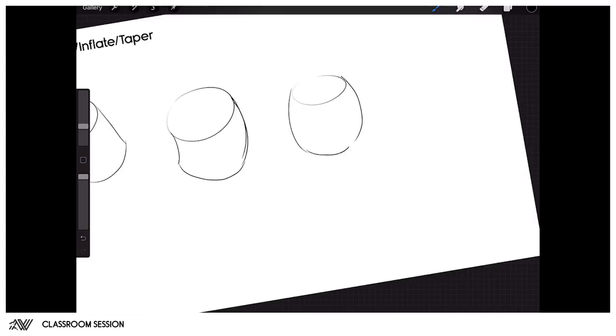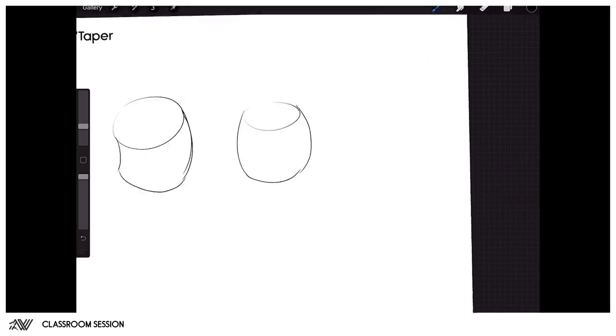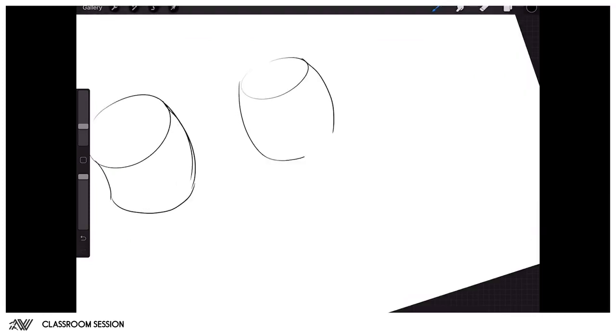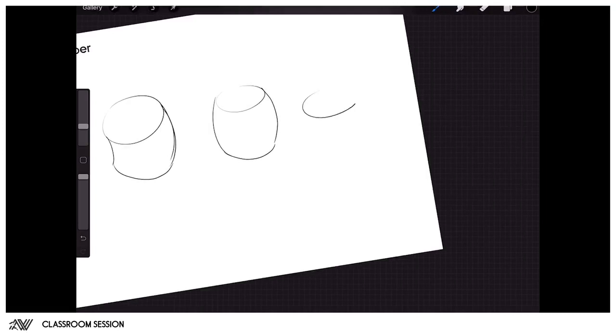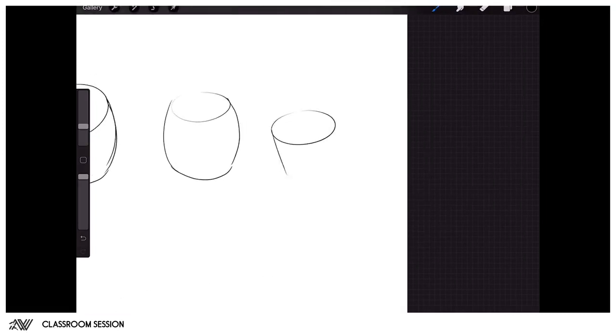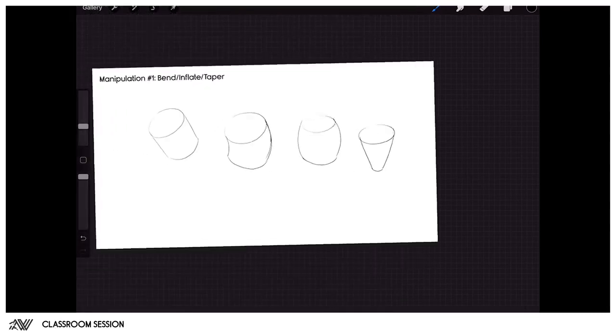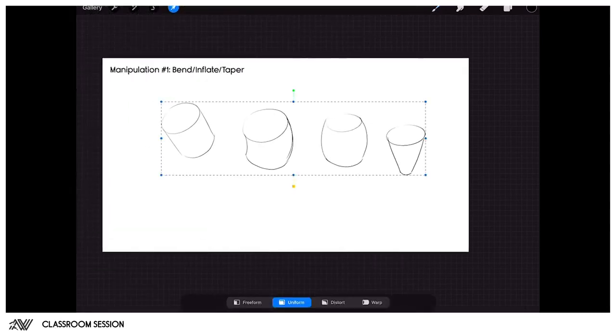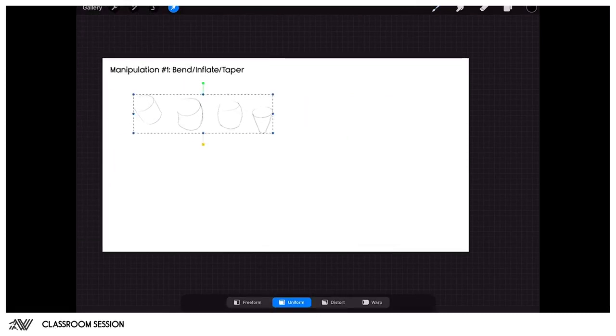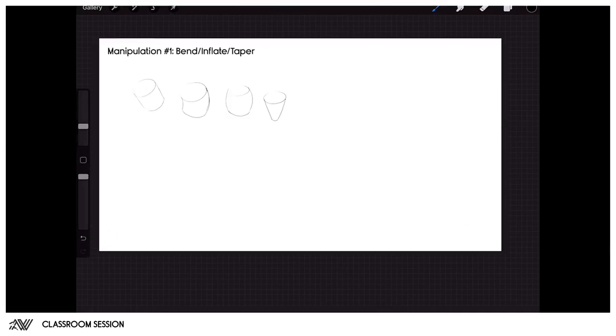And if we inflate it, then it looks more like this. And if we taper it, it looks more like this. Right. And so now the exercise for you guys will be to see if you can do multiple of these manipulations in one object. And that's important.